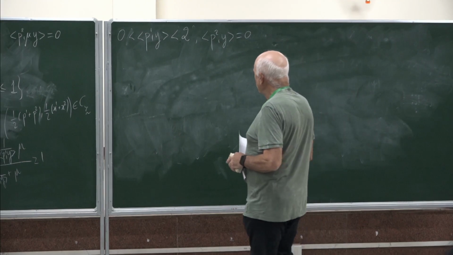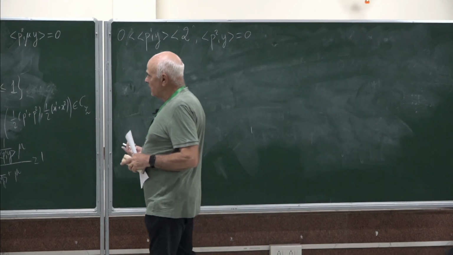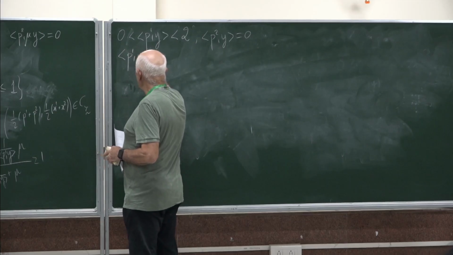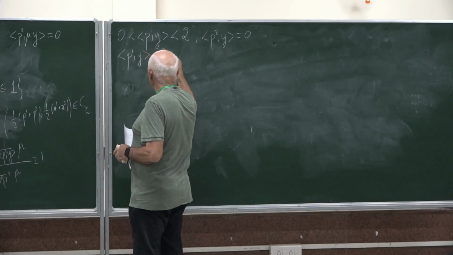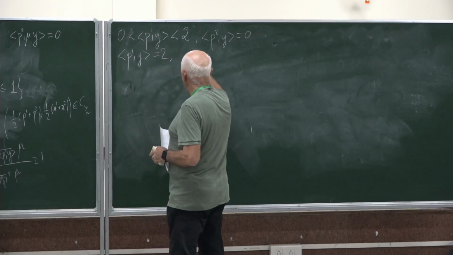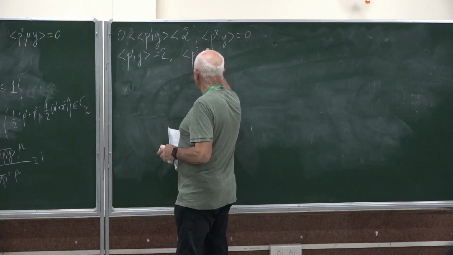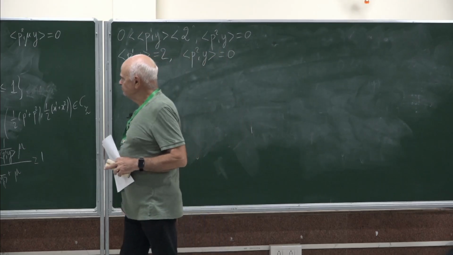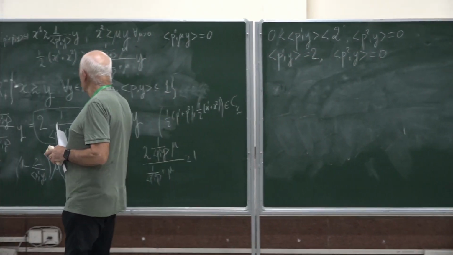So now the problem, we are going to have troubles when we have P1y equal 2 and P2y equal 0.